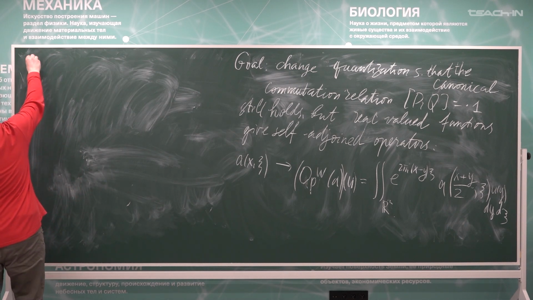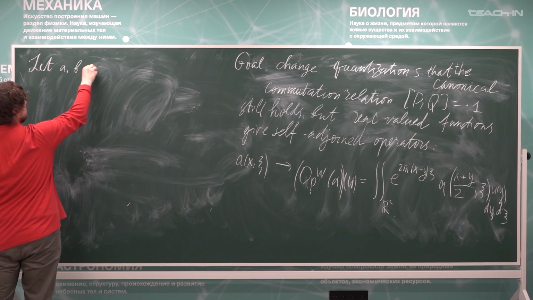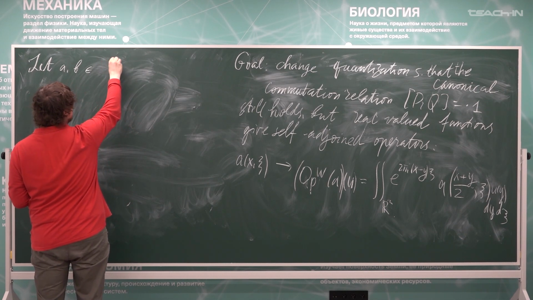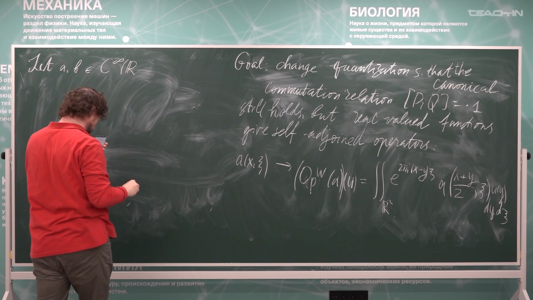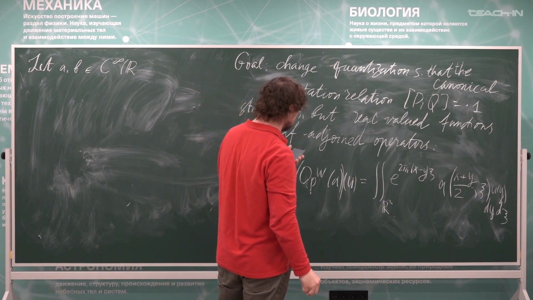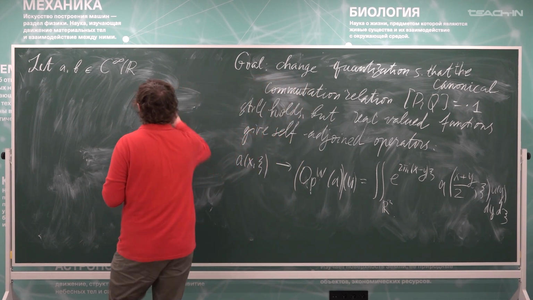Namely, let A and B be two functions with proper decay at infinity, probably better to put on R2.